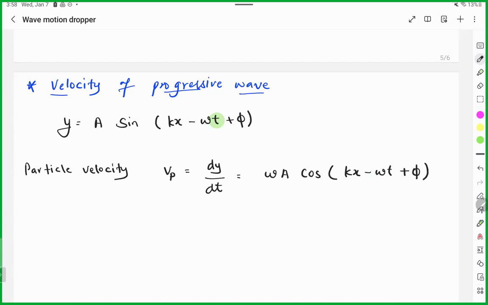This is the particle velocity. If you see the maximum value, cos theta will be equal to 1. So maximum particle velocity will be equal to omega a.